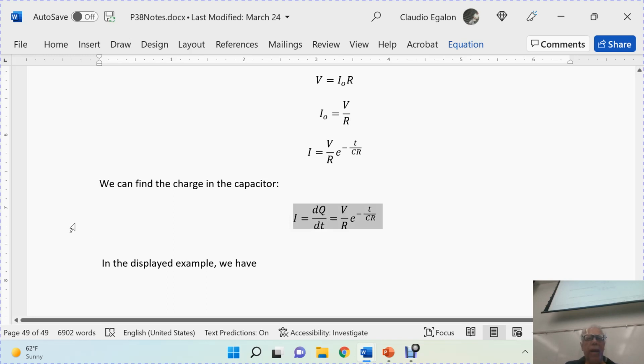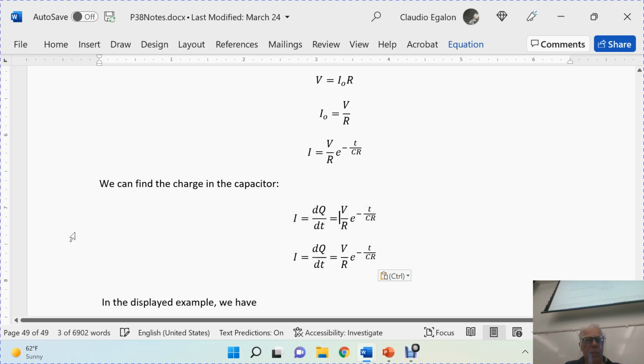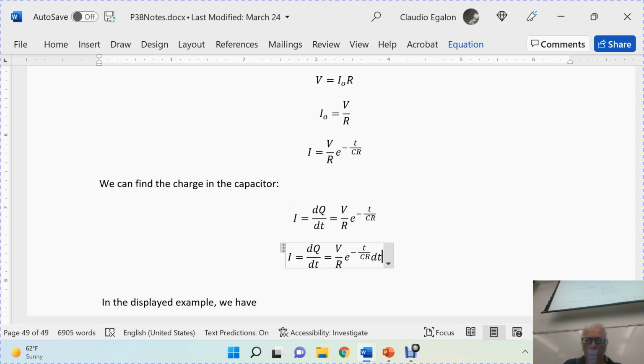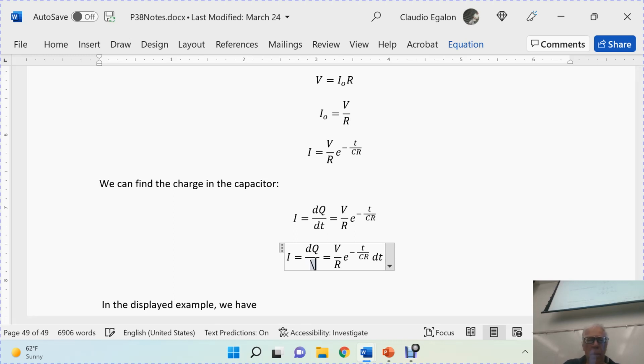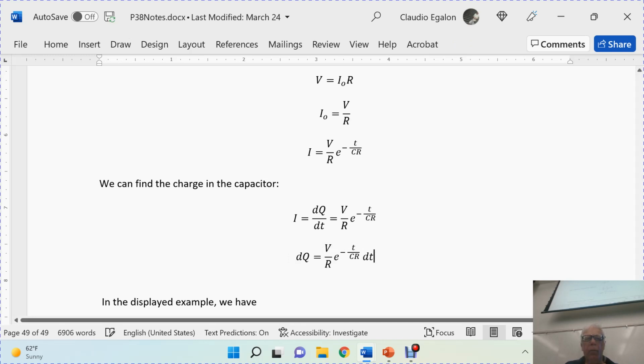We separate the variables. dt goes to the other side. dq/dt, like that. We integrate on both sides.